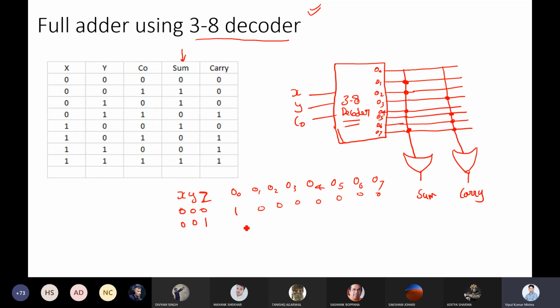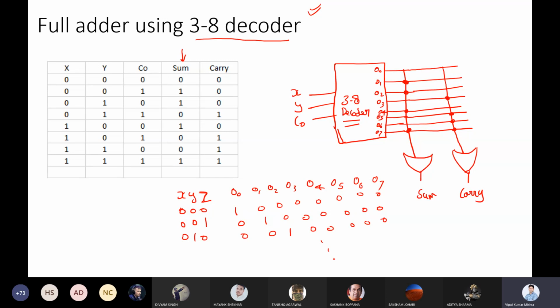When it is 0, 0, 1, it will become 0, 1, and then all zeros. So are you able to recall this table? Yes, sir. So this is the way decoders work.